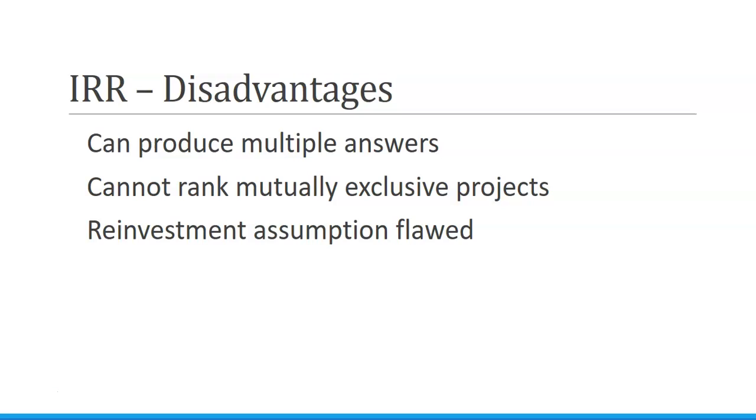Disadvantages are that it can produce multiple answers. So if you have unequal cash flows, and in some of the years you have negative cash flows, so if you have more than one negative cash flow, so consider an example where you have the negative cash flow out at the beginning of the project.